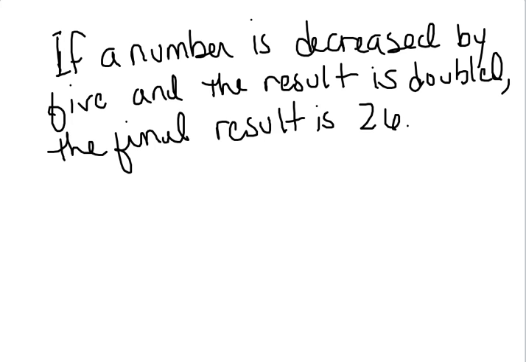I want you to look at this, take a moment, underline the parts that make you think about math and math symbols. Think about what you want to do first and what it might look like.